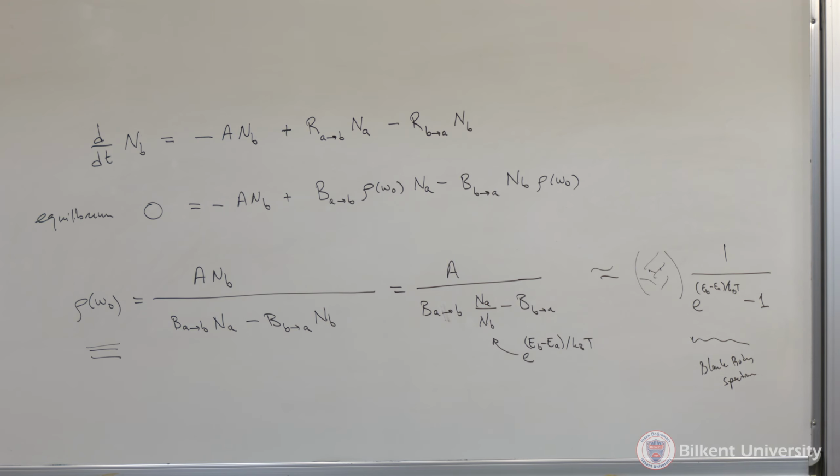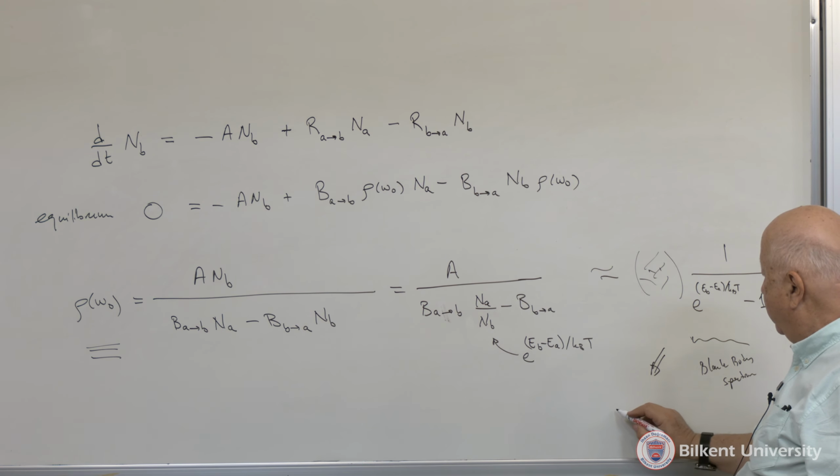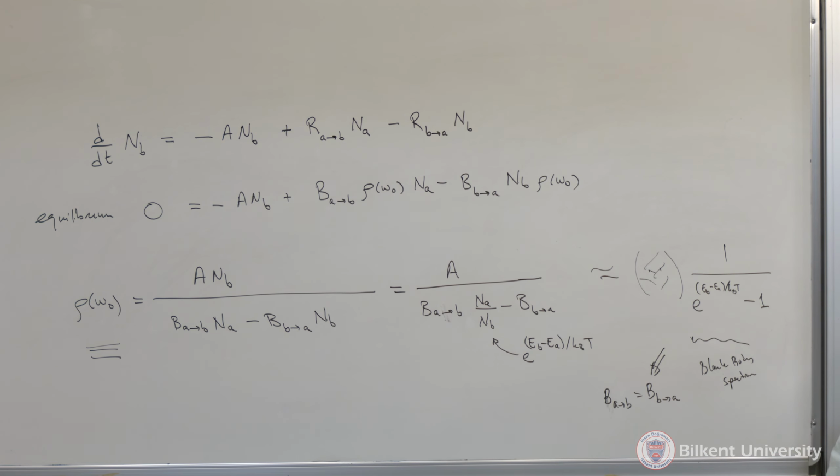So Einstein said, if these things are going to be compatible, then this implies first of all that B A to B must be equal to B to A. That's a very significant result. We obtained that using quantum mechanics, but this was obviously earlier than quantum mechanics.